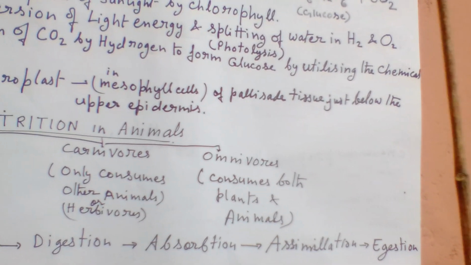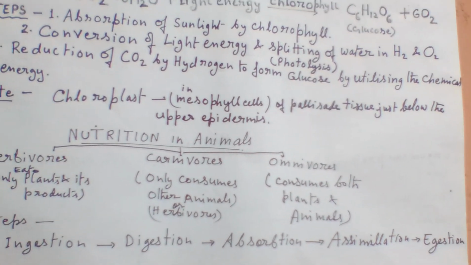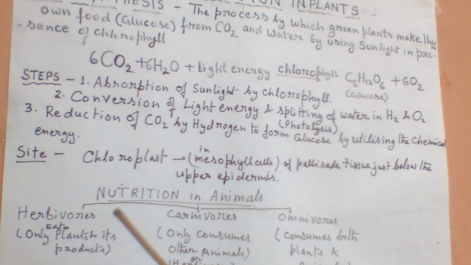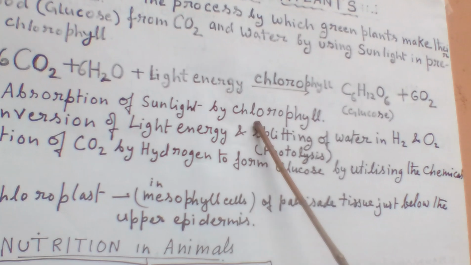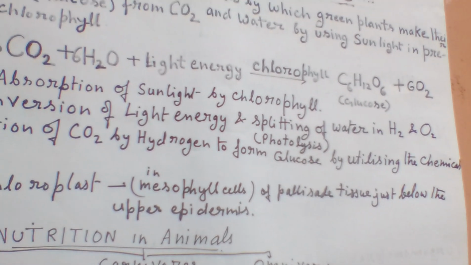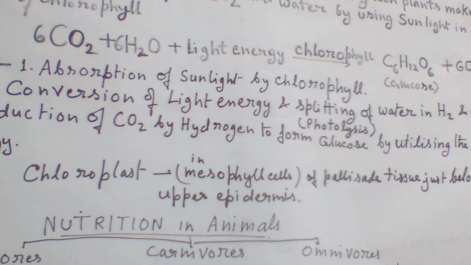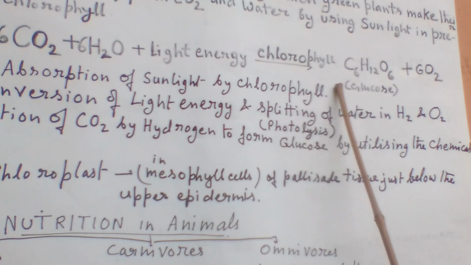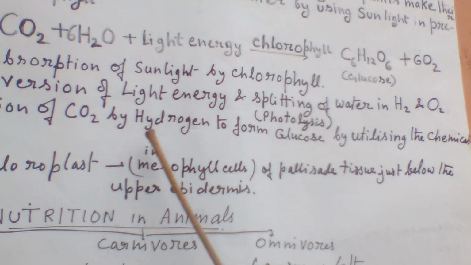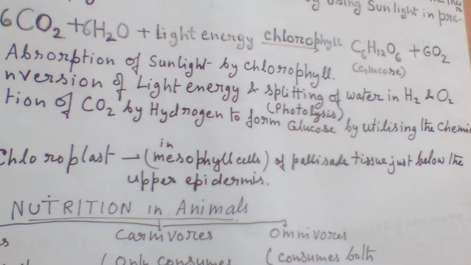Now we have to explain the process of photosynthesis. Step 1: absorption of sunlight by chlorophyll. The first step is to absorb the sunlight by the green pigment present in the chloroplast cell called chlorophyll.